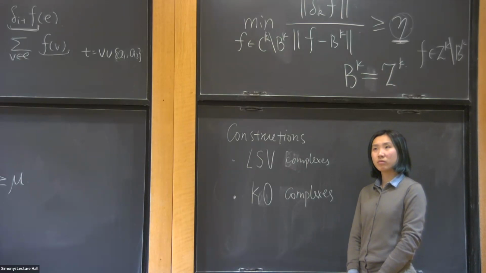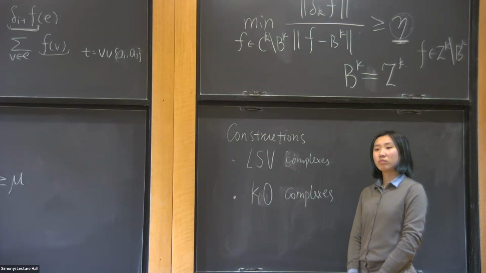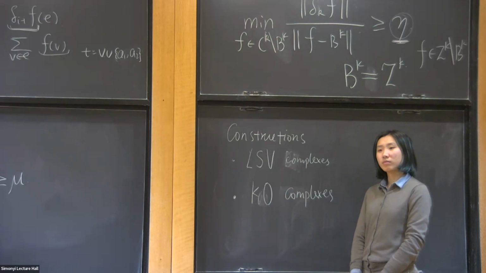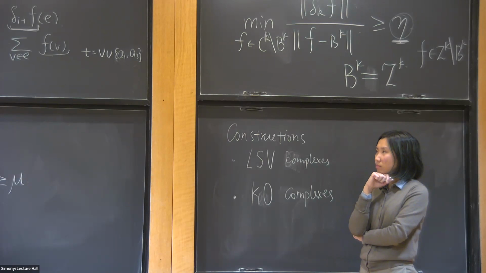You can infer something about this quotient or the size of the boundaries. By no means is this easy. Kaufman and Oppenheim had a whole lot of work to show that these LSV complexes are cosystolic expanders.